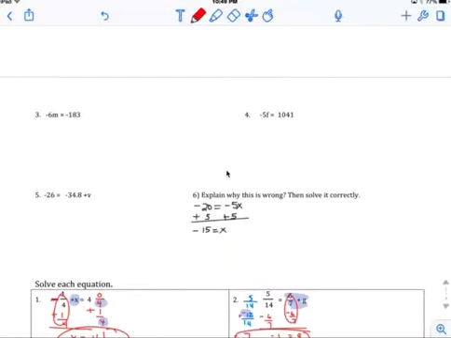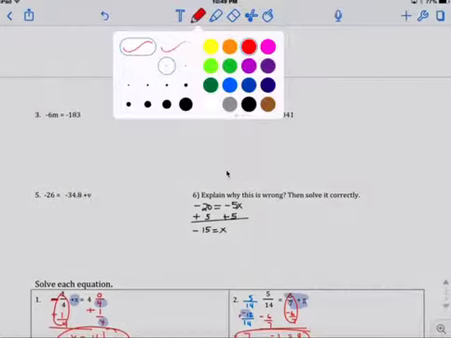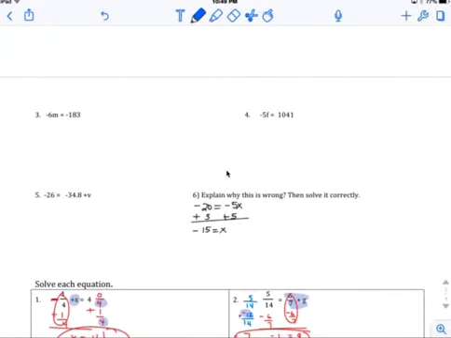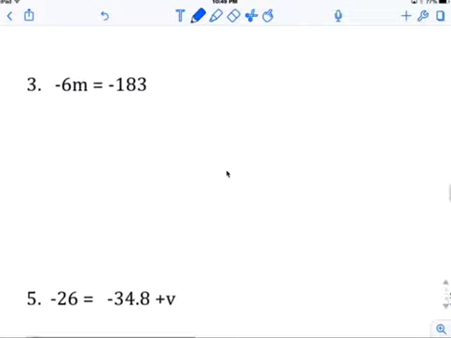Okay, here, number 3, you're dividing it by negative 6.